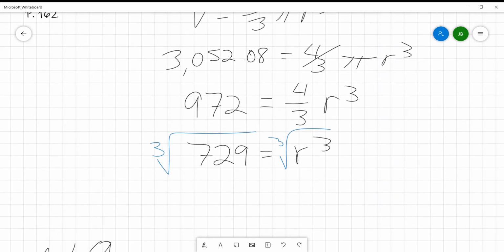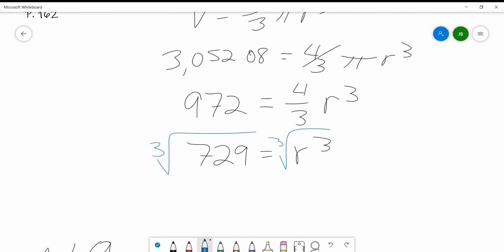Learn how to do this. If you don't know how to do this on your calculator, do it before the checkpoint comes up. You might push the second function and then x cubed, because the second function would be, instead of cubed, cube root.